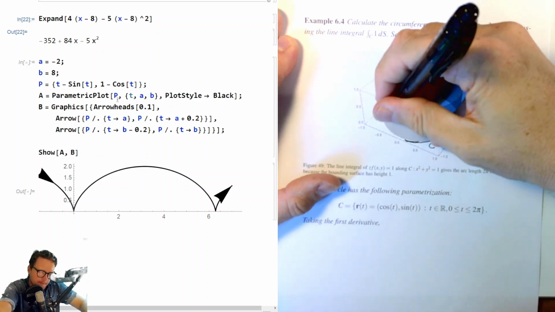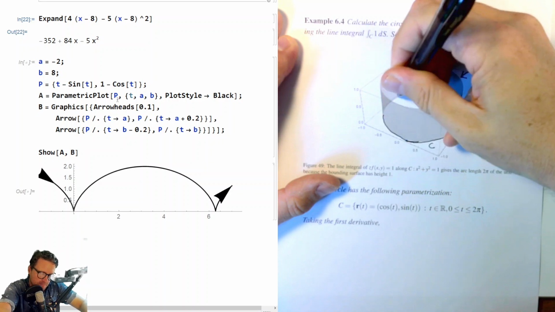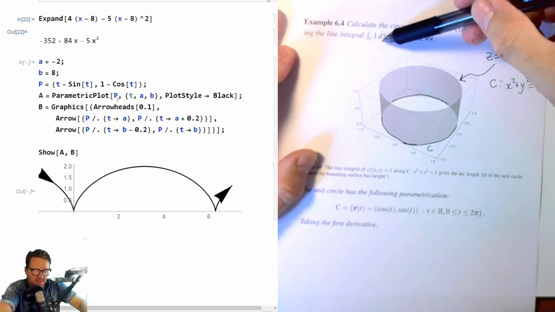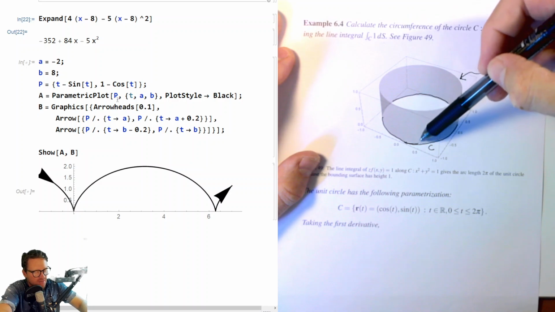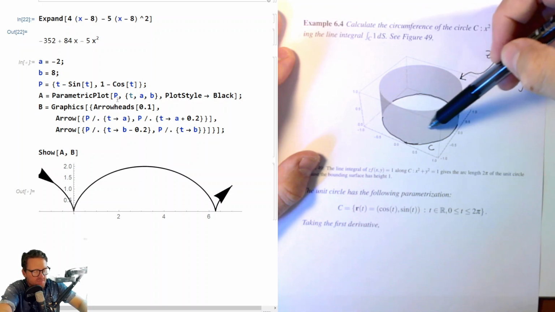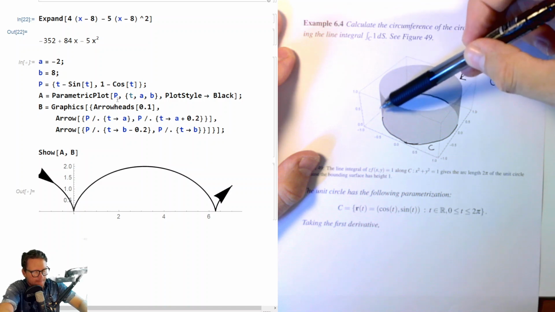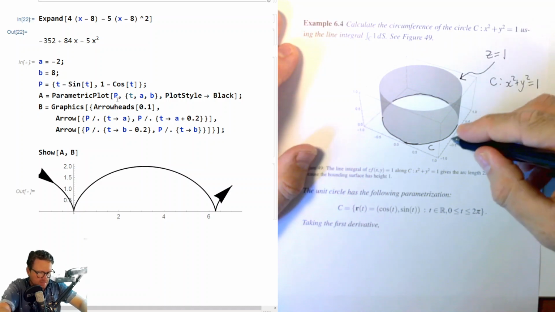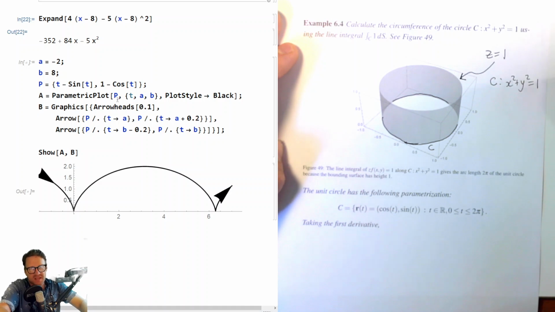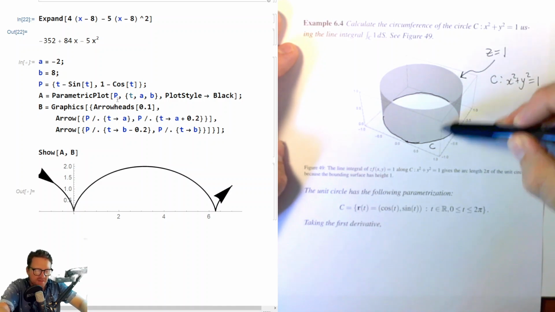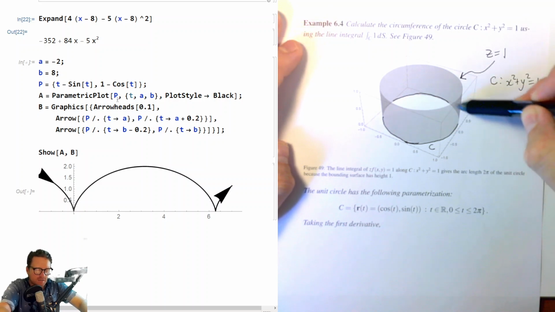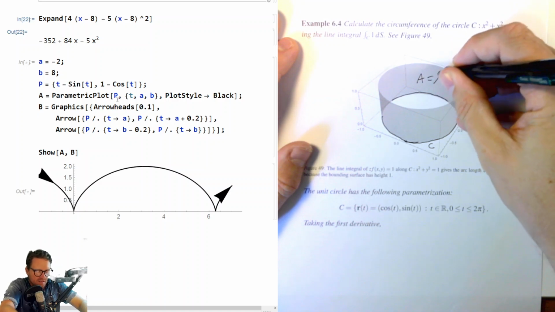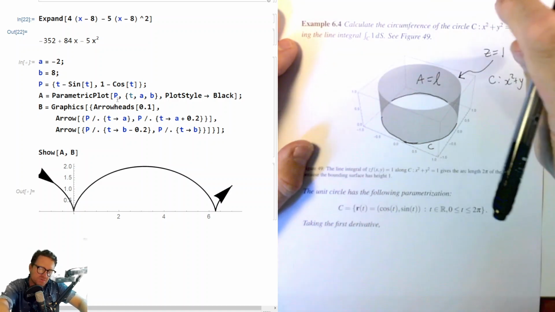So that's C down here, all the way around. And so in this interpretation, as a line integral, the surface area of this ribbon around here is the arc length times 1, which is just the arc length. So that's why it gives you the arc length, because the height here is 1, so it's 1 times the arc length. So the area coincides with the arc length when you use z equals 1.